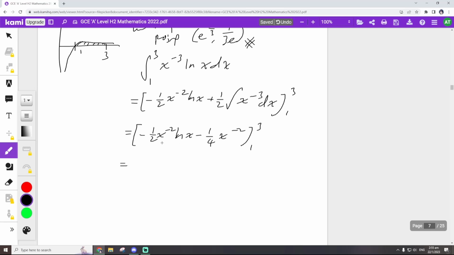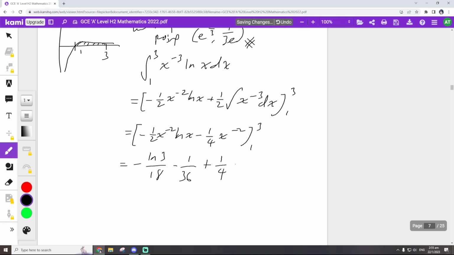And this gives me, well, negative ln 3 over 18, minus 1 over 36, plus ln 1 which is 0, and then plus 1 quarter.